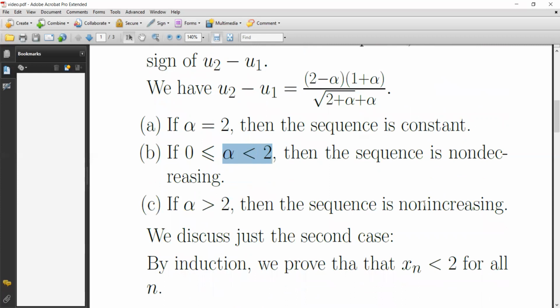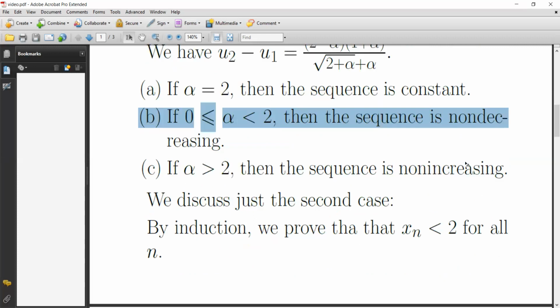If alpha is greater than 2, the difference is negative, which means that the sequence is non-increasing. We will treat just the second case. The first case is trivial, and the third case is symmetrically the same as this case.